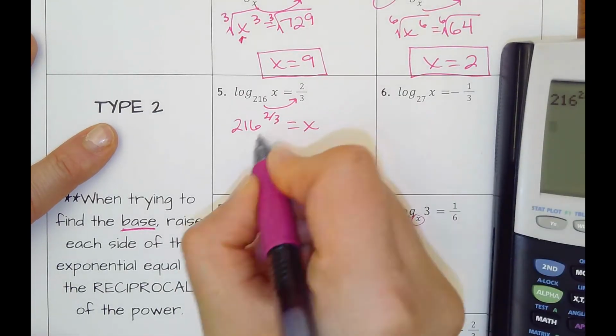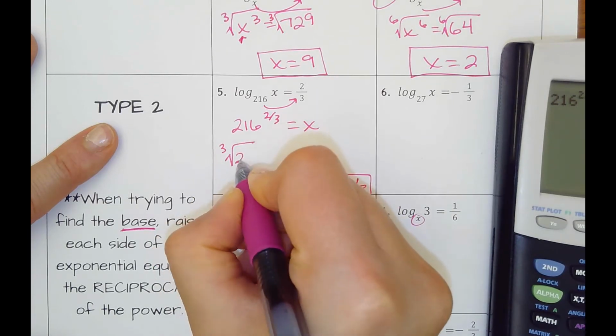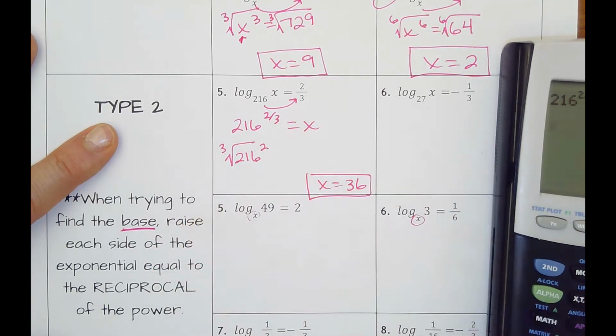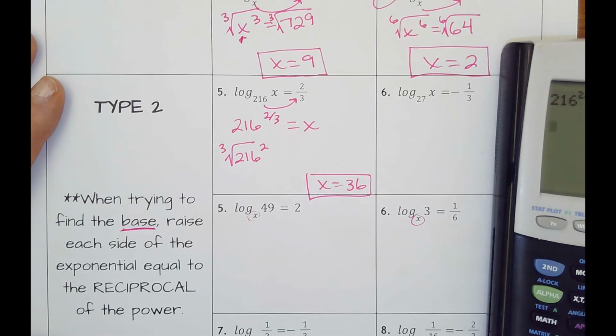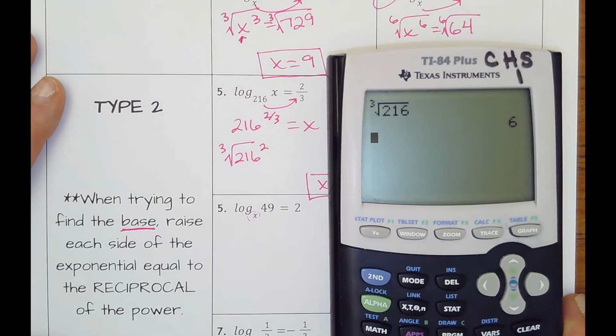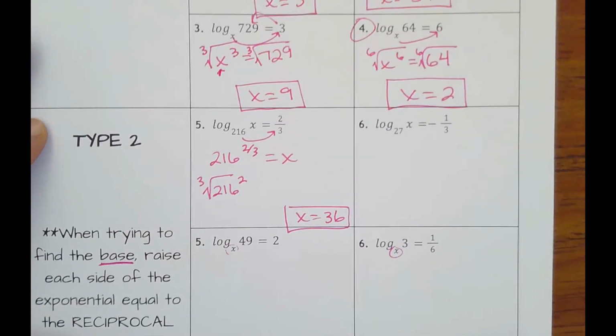What this means is it's the cube root of 216 squared. So the cube root of 216 is 6, and 6 squared is 36. So it's just good to remember what exponents mean.